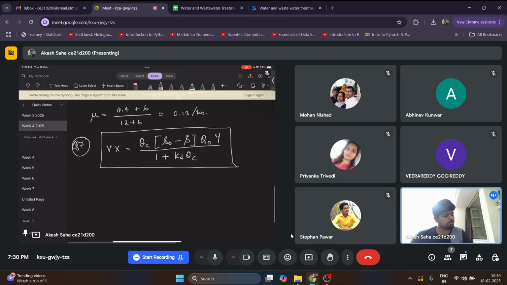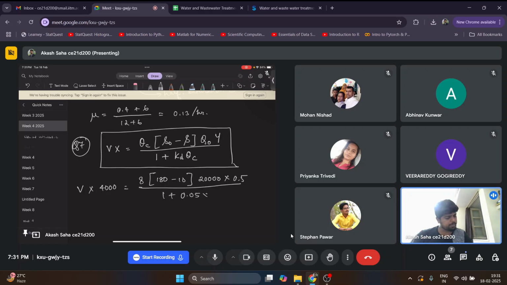So you just have to input. V is not known. So V into X, X is 4000, is equal to theta c is 8, S naught minus S is 180 minus 10, Q naught is 20,000, Y is 0.5, by 1 plus 0.05 into 8. If you solve it, you will get V as 2428.57 meter cube.